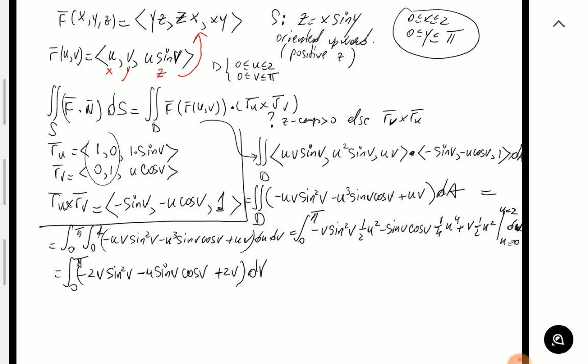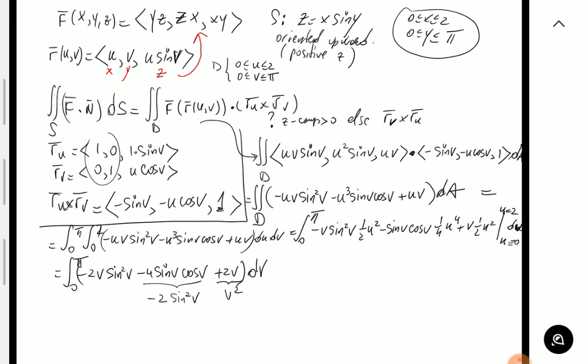Okay, so the last two terms are immediate. This is v squared, the antiderivative. This is a u substitution, it's sine squared v over 2, so that turns into minus 2 sine squared v.